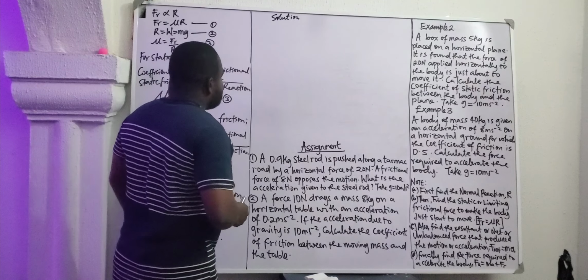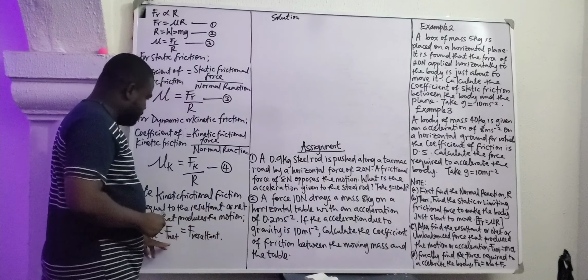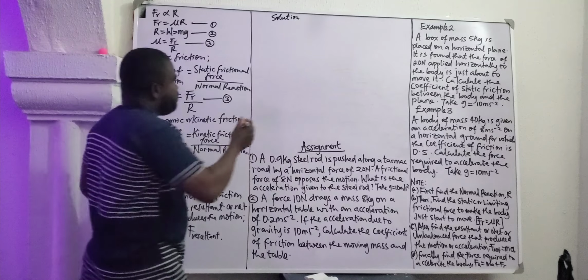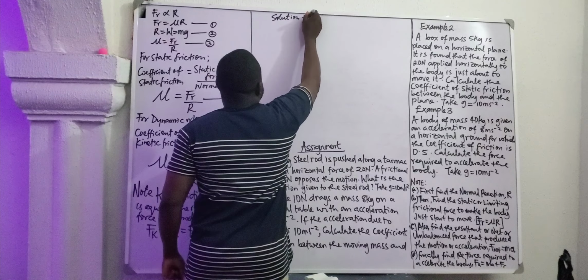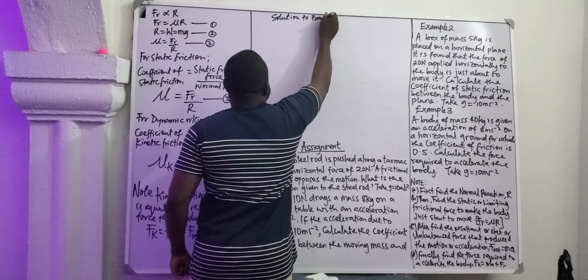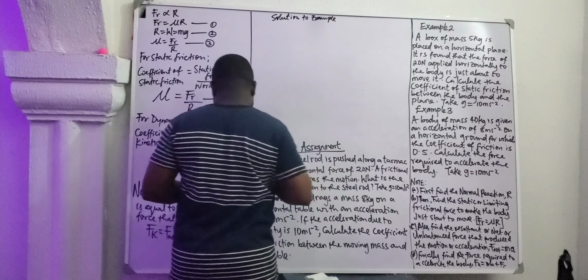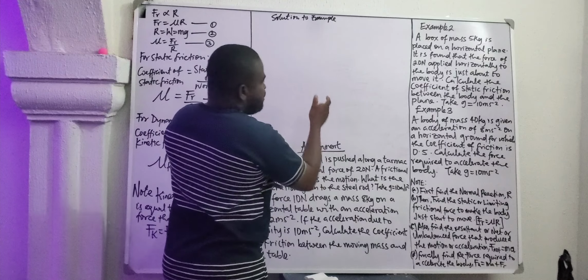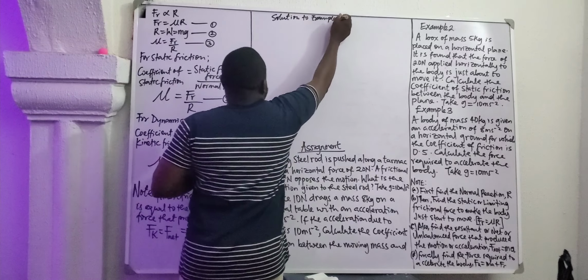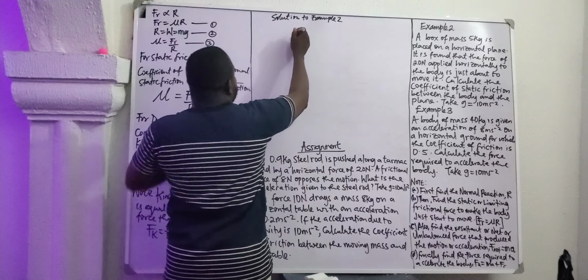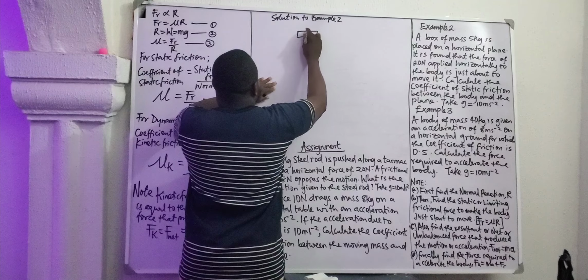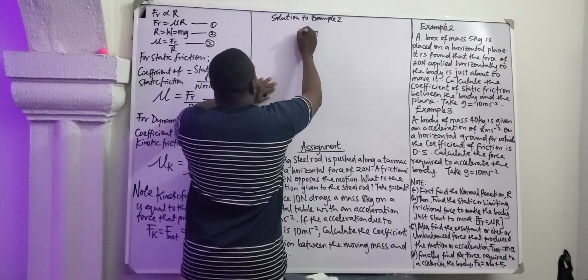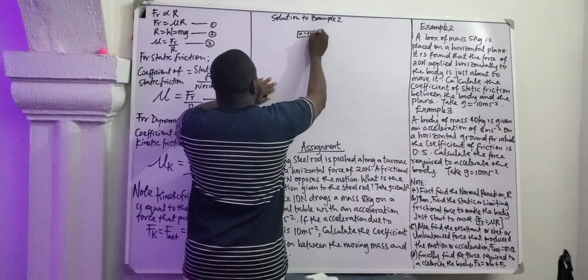Let me explain further about this dynamic friction. Okay, no problem. Let's look at solution to example 2. I will explain further about this dynamic friction in the second example. So we have the body, and the mass is given to us as 5 kg.